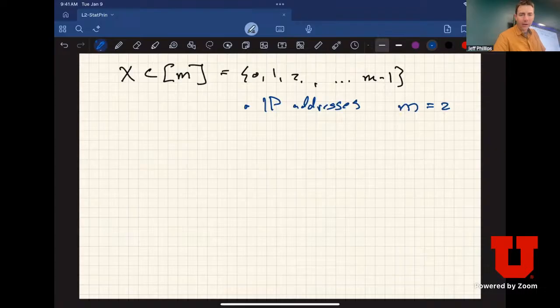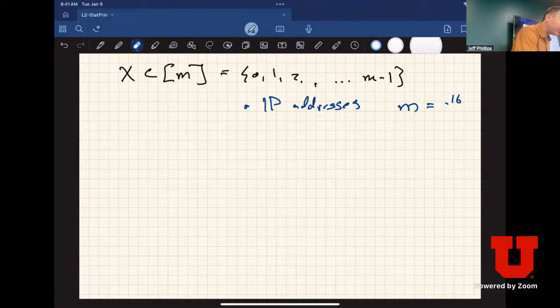I forget how many IP addresses there are, but there's a lot. 2 to the 16 seems small, but there's a large number of IP addresses. I think it's 10 to the 16. How many IP addresses are there? But it's a large number, and it's fixed. Okay, so it's the fixed universe.